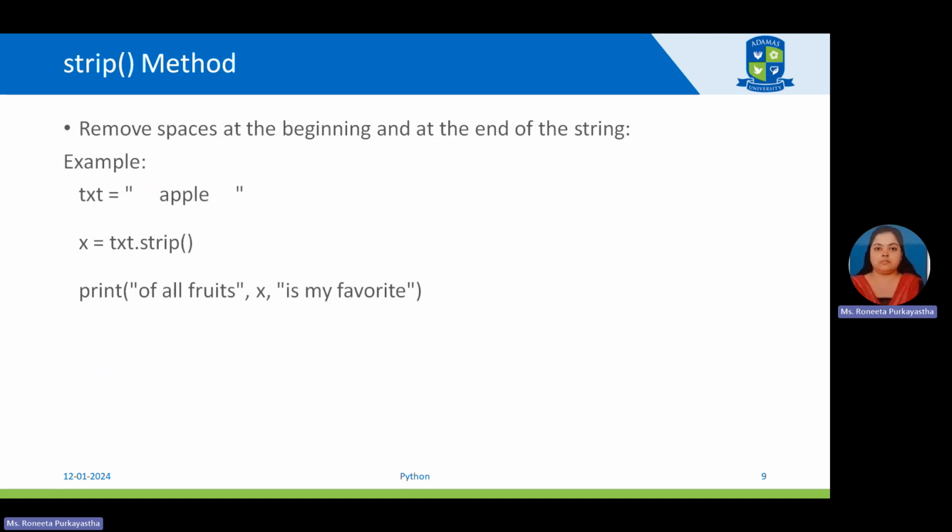So txt dot strip, and if you try to print it after storing it into x, it will show the word apple without any spaces before and after it. So you'll get: of all fruits, apple is my favorite. Okay, so let us demonstrate this.